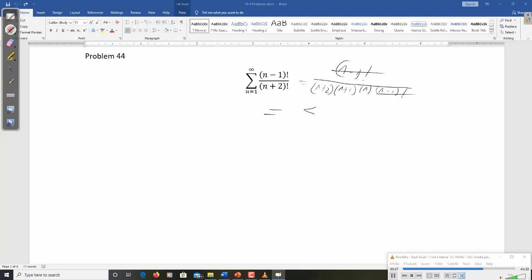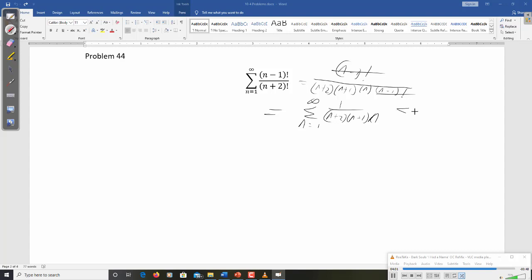So this becomes the series, n equals 1 up to infinity, of 1 over n plus 2, n plus 1 times n. This is a very simple rational expression. The natural thing to compare it with would be 1 over n cubed, which, since I made the denominator smaller, the fraction will be bigger.